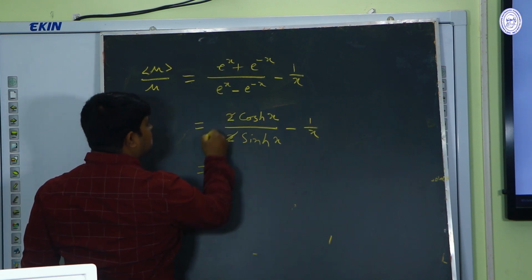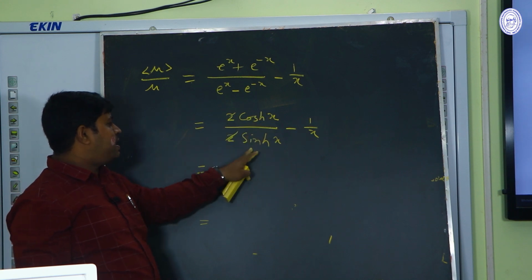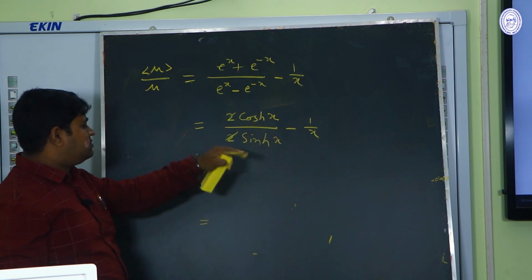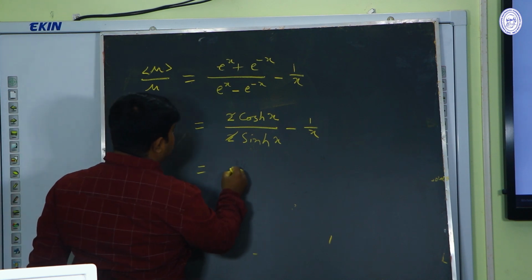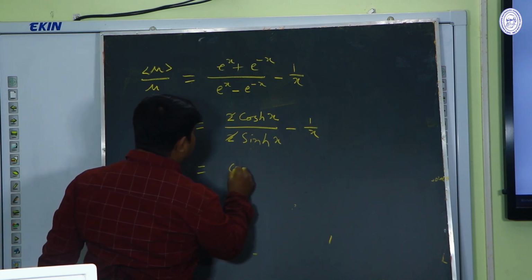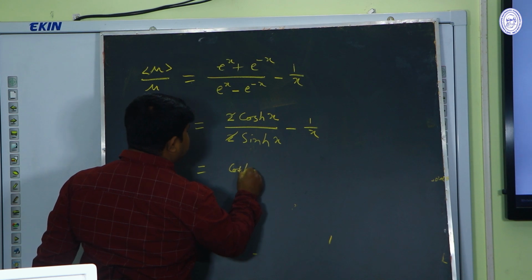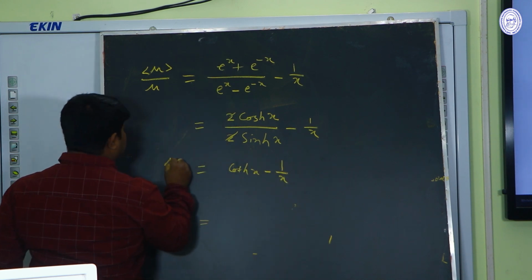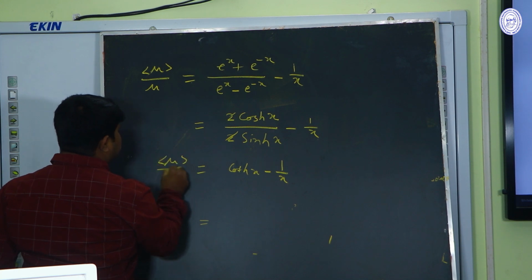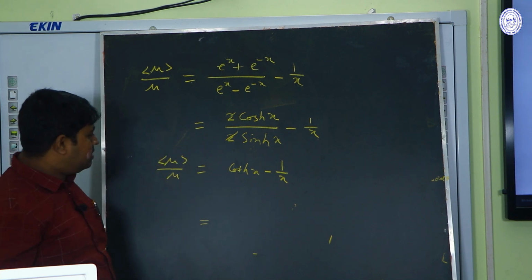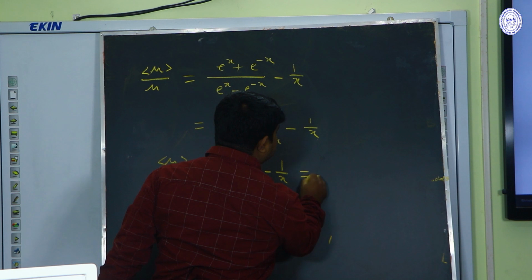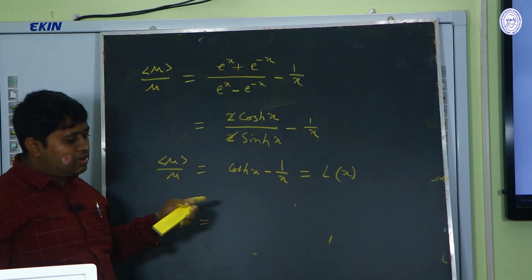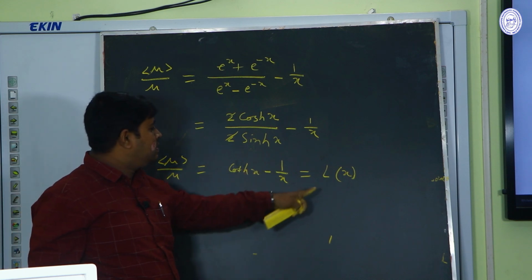The 2 cancels, cos hyperbolic x by sin hyperbolic x minus 1 by x, that is equal to cot hyperbolic x minus 1 by x, that is equal to mu average by mu. Suppose this is equal to L(x), where L(x) is called the Langevin function.